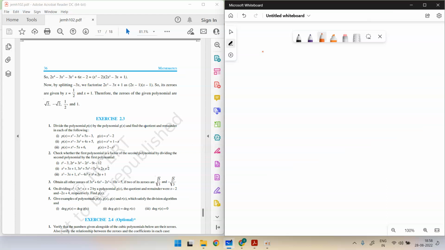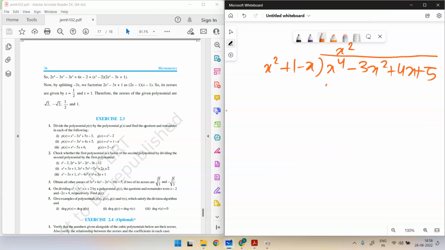First question, second part. Divide x4 minus 3x square plus 4x plus 5 by x square minus x plus 1. First you need to write this as x square minus x plus 1. x square into x square is x power 4, then x square into minus x is minus x cube, and x square into 1 is plus x square.